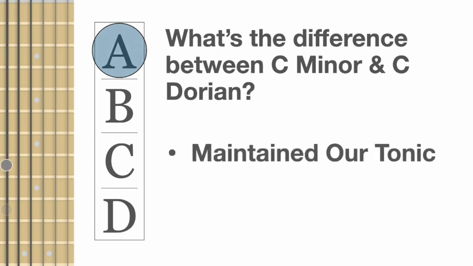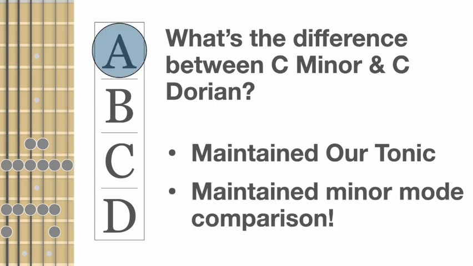And we've also maintained the actual mode, right? So when we're looking at the scale, the difference between C minor and C Dorian is pretty minimal because they're both minor modes. And so this is just a great question to be asking yourself, right?